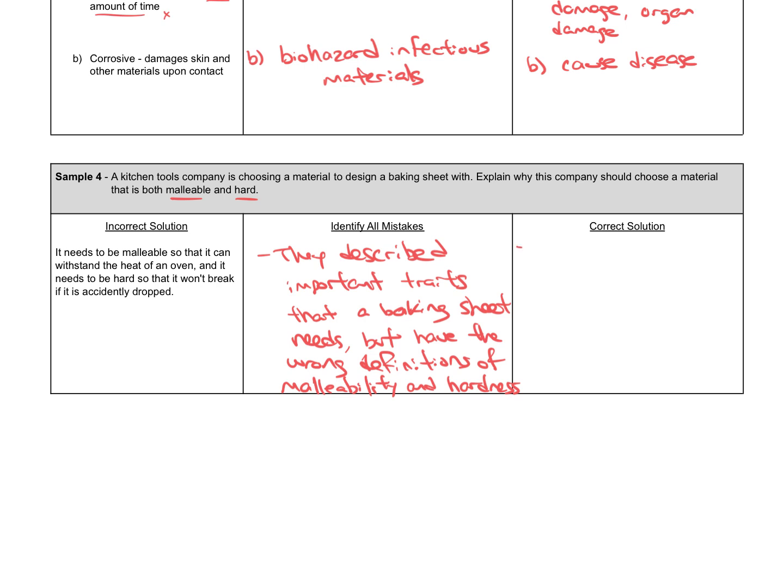So I'm going to write a correct solution. So it needs to be malleable. The material needs to be malleable so it can be formed into the shape it needs to be, which is a sheet.